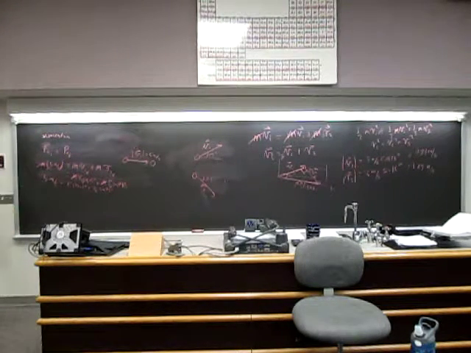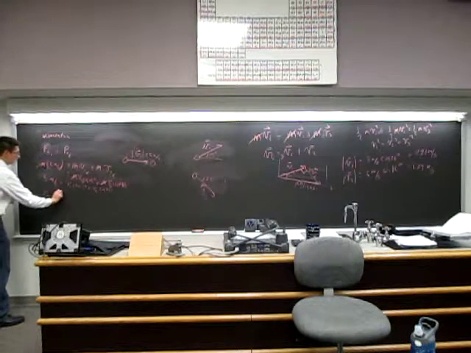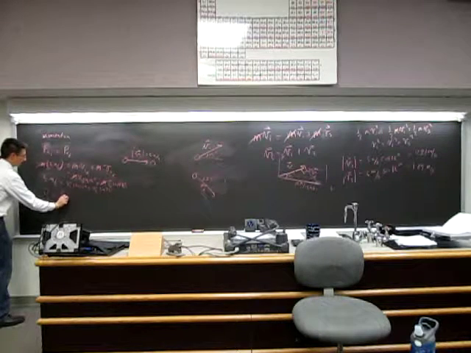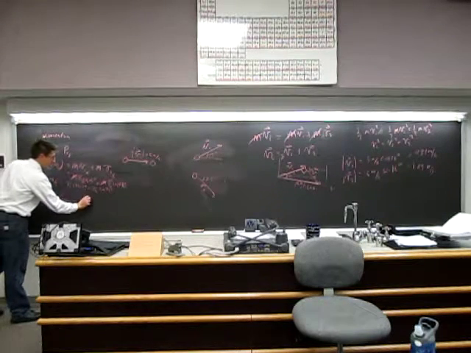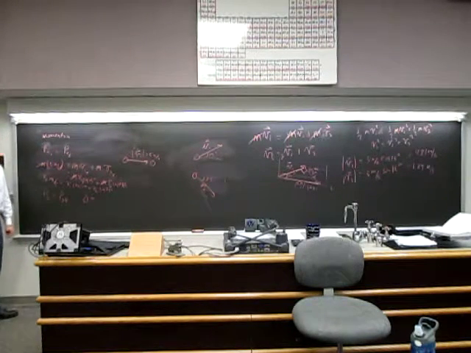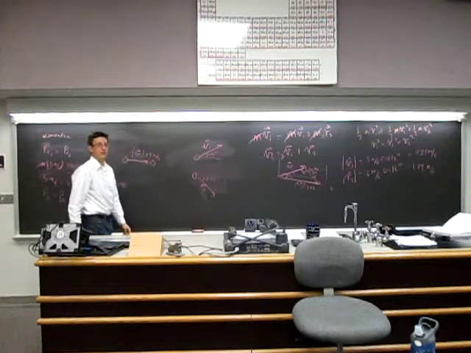Now I'm going to do it in the y direction. Py initial is equal to the momentum in the y direction finally. Is there any momentum in the y direction initially? Well, I get 0 is equal to the part of this momentum in the y direction.